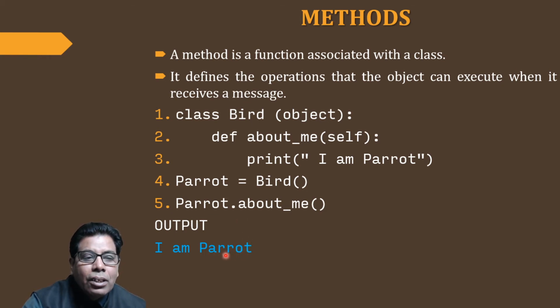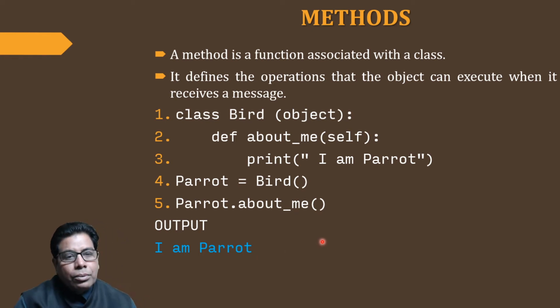So that will be the output of the program or method. So as you can see here, when we want to give any message, it is given with the help of the method.